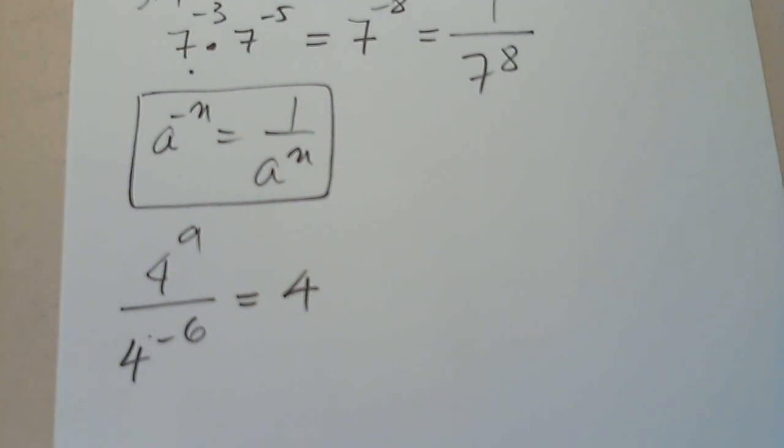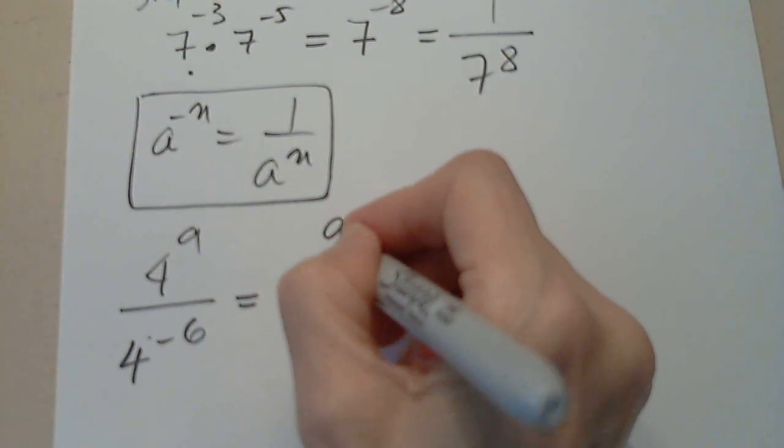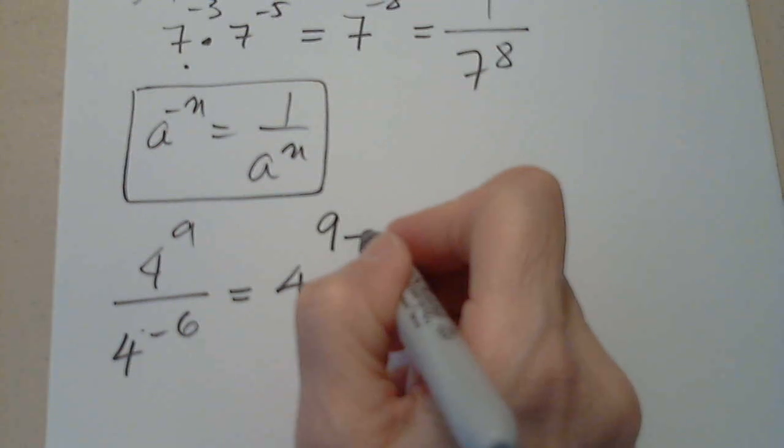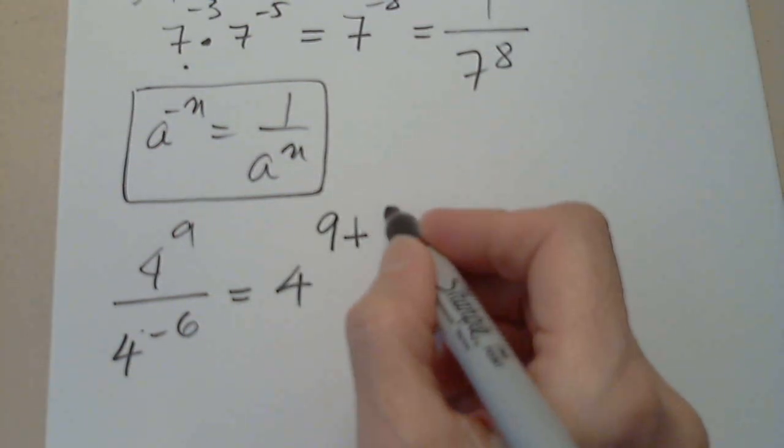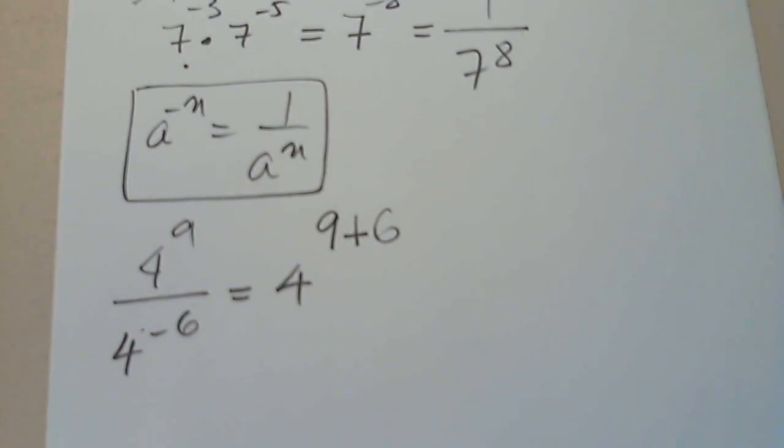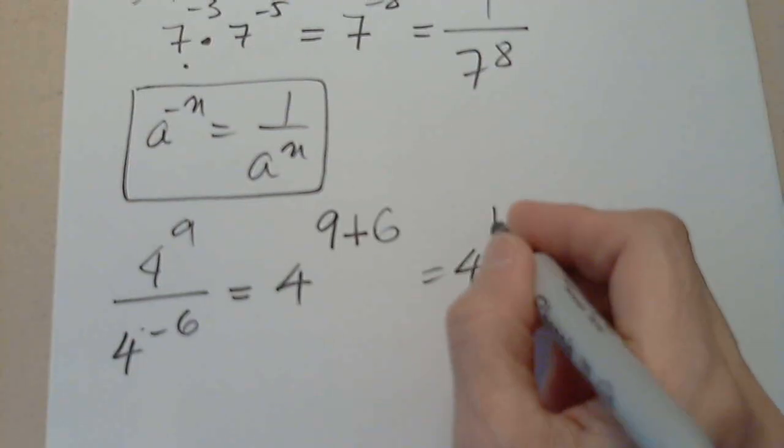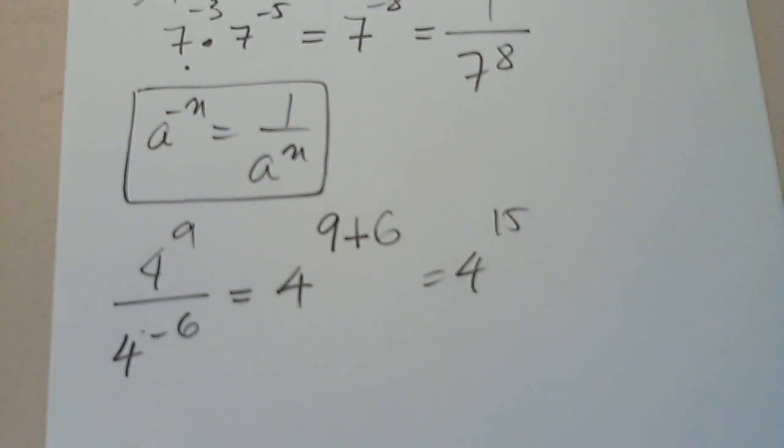So I can copy the base, and what happens with the exponents? We subtract? Yes. Always from 9, the exponent of the numerator, I subtract negative 6, the exponent of the denominator. So this is indeed 4 to the 15th power, which cannot be changed. It's not a negative exponent.